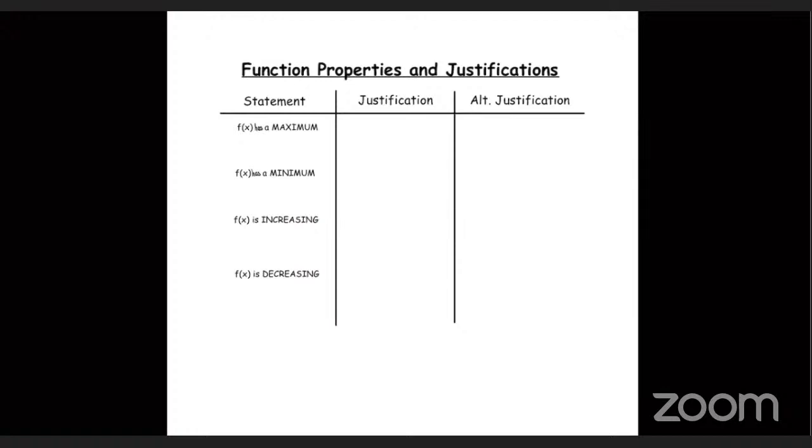So as we look at this first one, it says f has a maximum. Your ideal justification for that would be to run through your first derivative. And so that would be saying that your first derivative, f prime of x, switches signs.